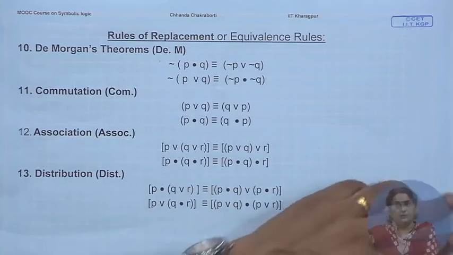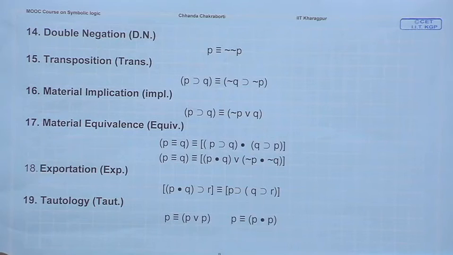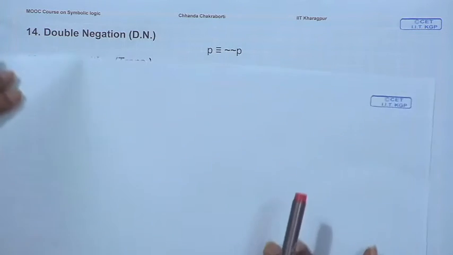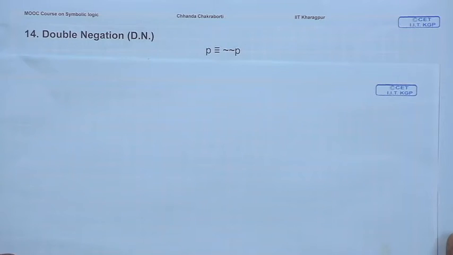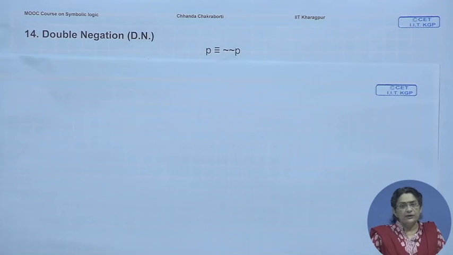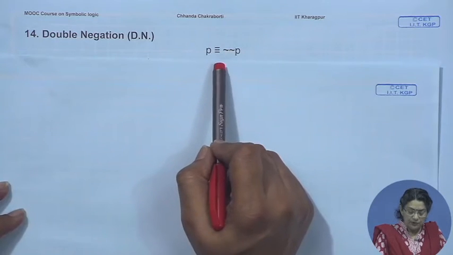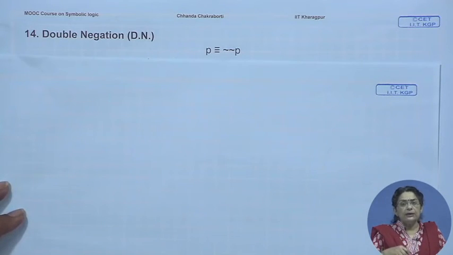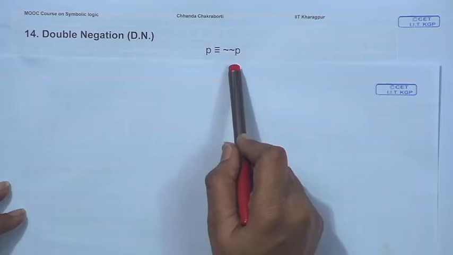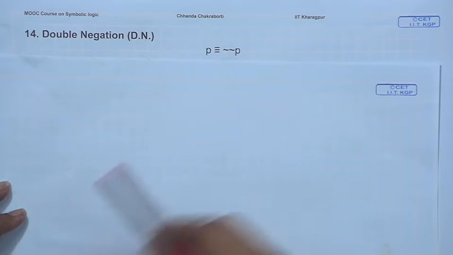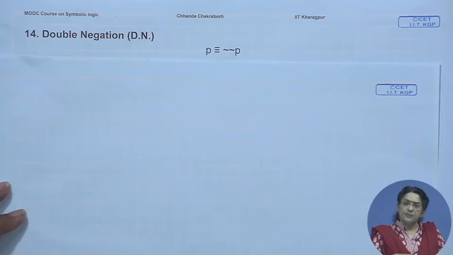Apart from this, there are a few others which we also have to look into. Here are the remaining 4. The first one is double negation, intuitively obvious and very well known. All we are saying is that given an expression, you can replace it with the negation of its negation, and similarly when you have an expression like tilde tilde p, you can rewrite it as p.